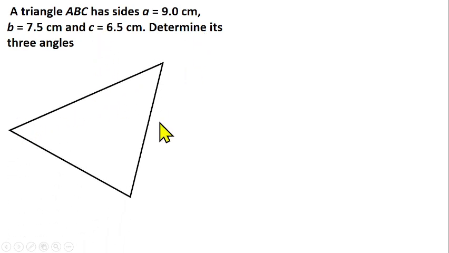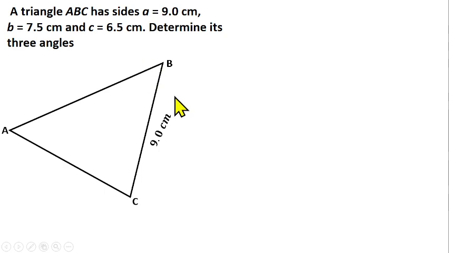So let's say this is the triangle, so I need to label it A, B, then C, based on what is given to us. So don't forget that all these values given to us are sides. So if this is A, then the side facing it should carry small letter a, which will give 9.0 centimeters.